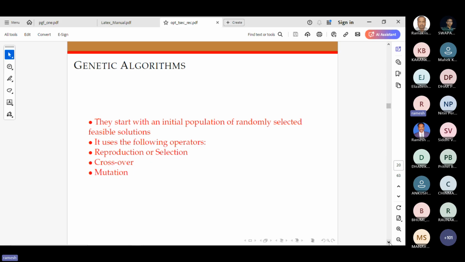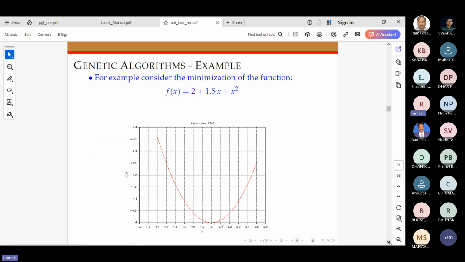Now let us see how we can solve a single objective optimization problem. Suppose we have a problem of finding the minimum of this function. This is a very simple problem, and of course such simple problems do not require genetic algorithms.